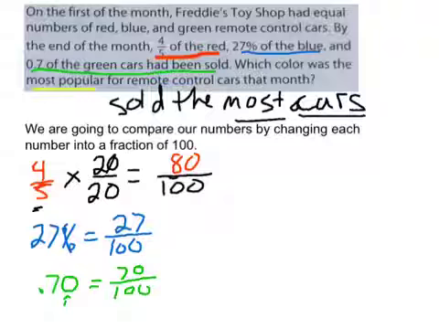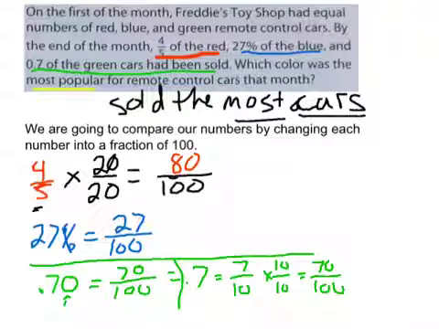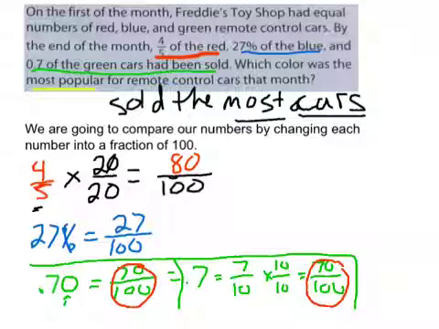Another way to look at this would have been 0.7 is equal to 7/10, and then multiply by 10 to get 70/100ths. Either way that you look at it, there's two different ways here, and you come up with the same correct answer, 70/100ths. So now each of my numbers has been changed into a fraction of 100, and we can compare them.